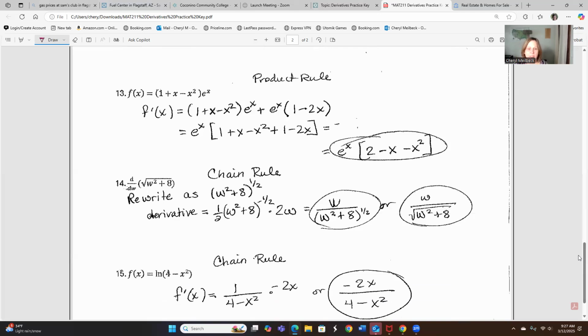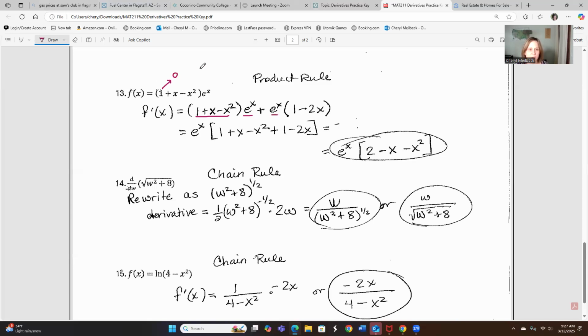On number 13, once again, we're going to use the product rule, which tells you to take the first times the derivative of the second plus the second times the derivative of the first. So here we have the first times the derivative of e to the x, which is e to the x, and then plus the second, which is that e to the x, times the derivative of the first.